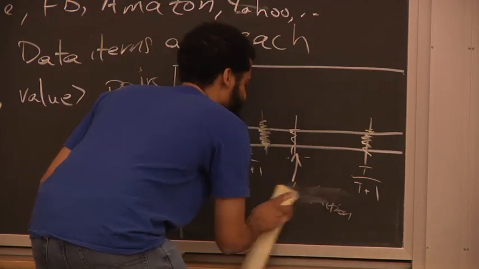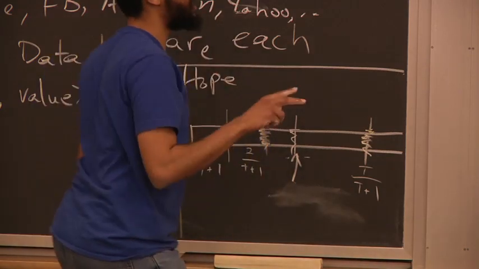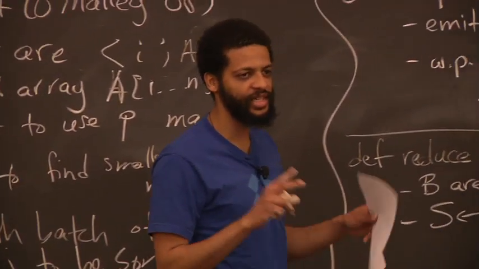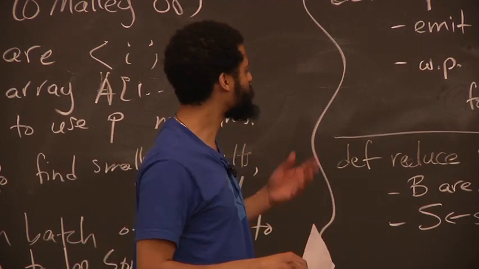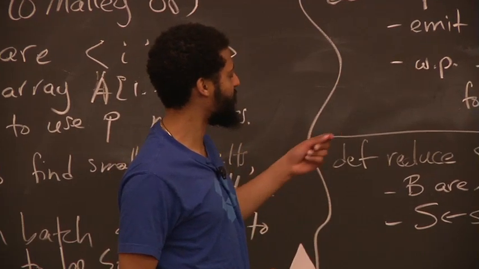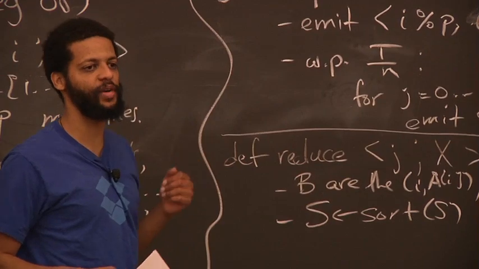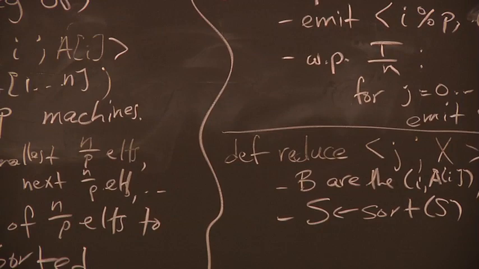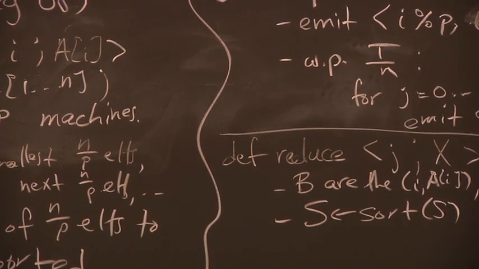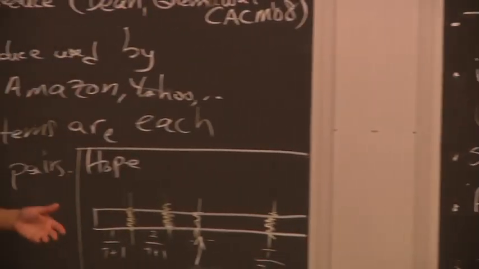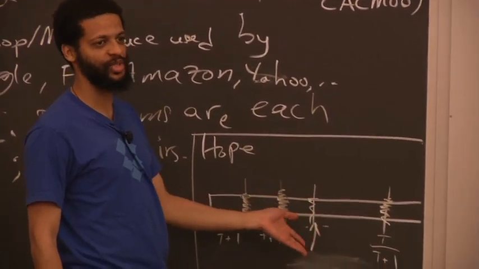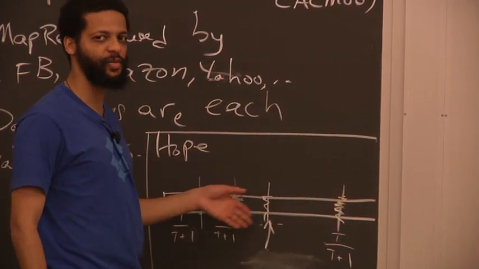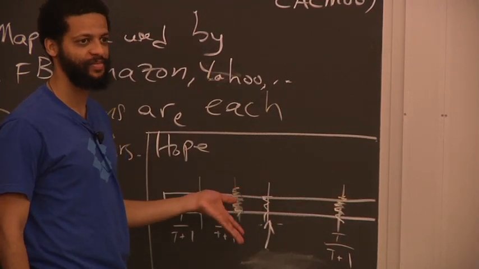So there are these capital T elements in expectation, and I sort them. After I sort them, look at the guy who's at index capital T over p. So he's a 1 over p fraction of the way along. What I hope happened is that the guy who's a 1 over p fraction of the way along in the sample is also a 1 over p fraction of the way along in the actual sorted array. But there's some randomness. He's not going to be exactly 1 over p of the way along, but he's going to be something close to it.